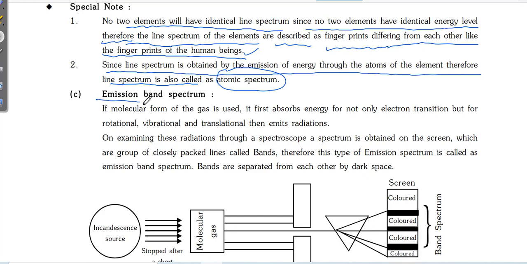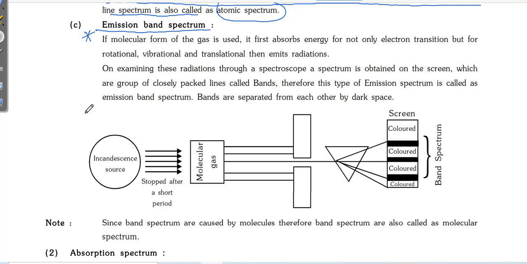Next, the emission band spectrum. Suppose molecules are there in the given substance, what will happen? Same explanation, but instead of lines we are getting bands. Band means a bunch of lines, some range.